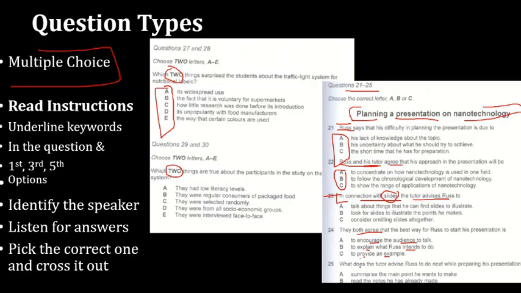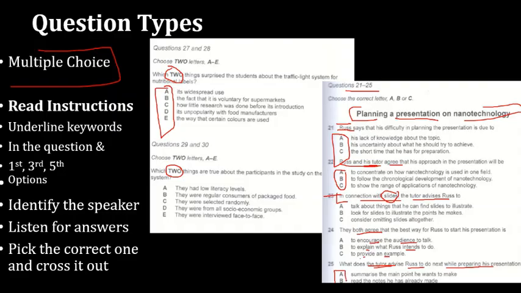Now the last question is, what does the tutor advise Rice to do next while preparing for his presentation? So that will be coming from whom? The tutor. So we will be listening carefully to whatever the tutor says, so that we can find these answers over here.